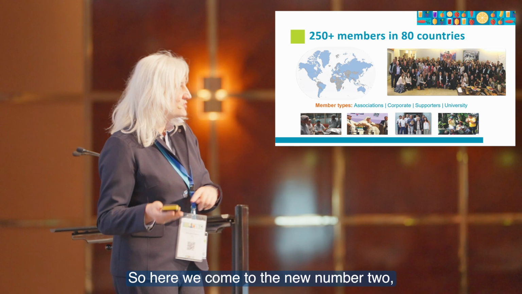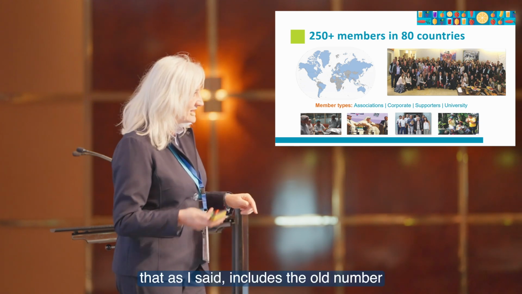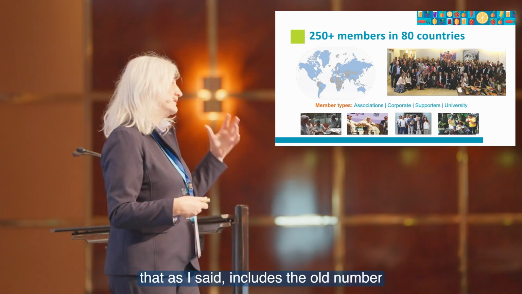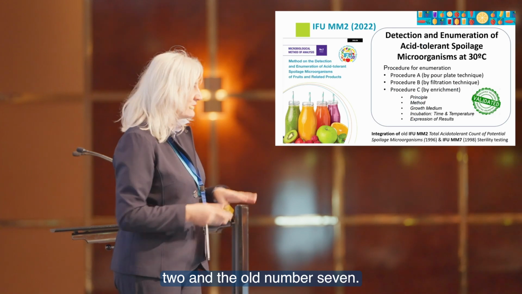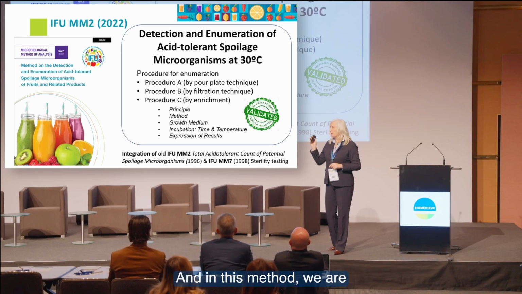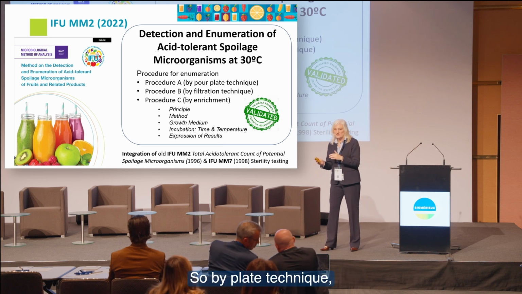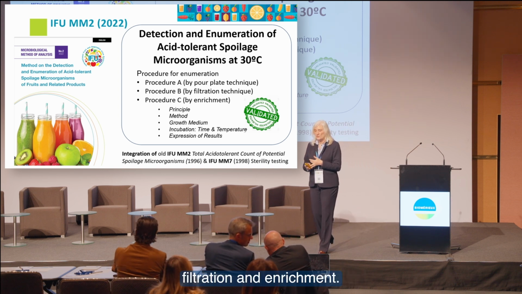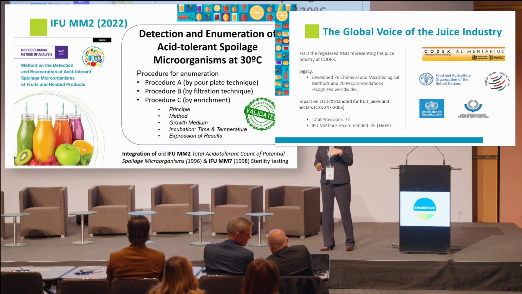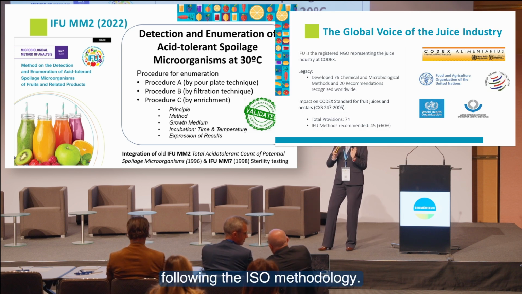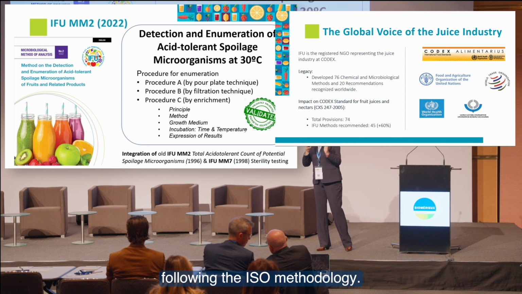Here we come to the new number 2, which, as I said, includes the old number 2 and the old number 7, so we have only one. In this method we are including 3 procedures: the plate technique, filtration, and enrichment. And we are following the ISO methodology.